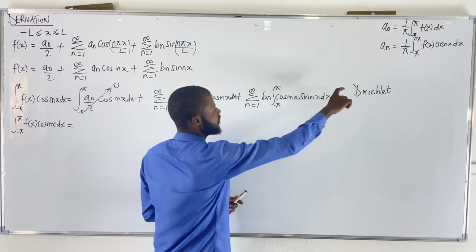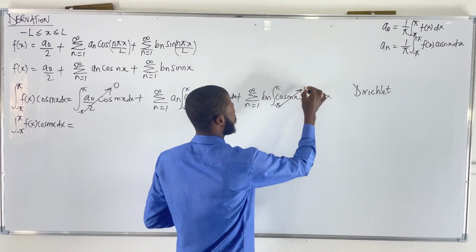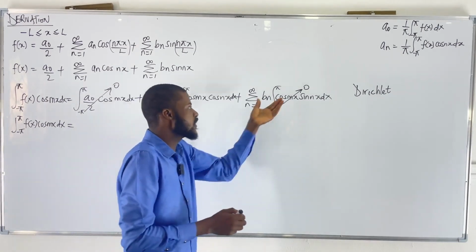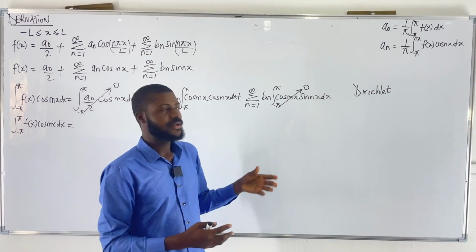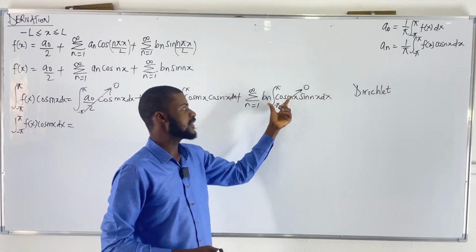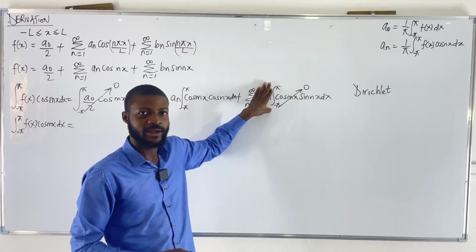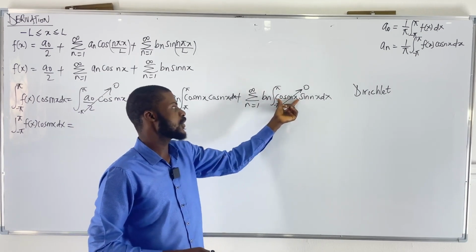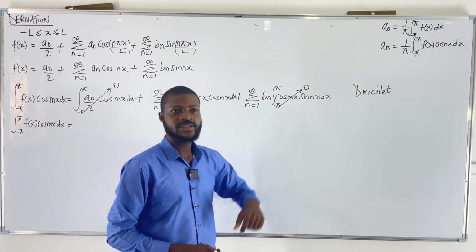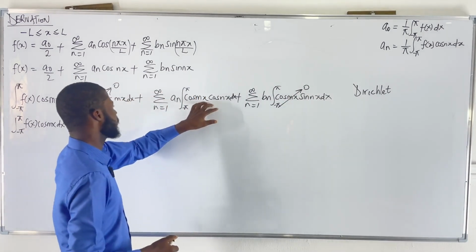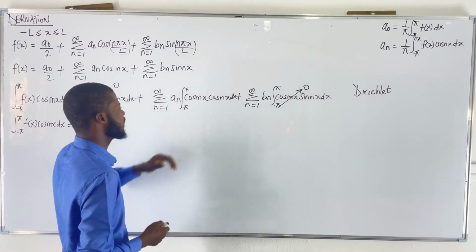My area will be 0 here because cos and sine, none of them is contained in the other, they're not the same. So this very part would be 0. We've actually treated this integral before. So my integral would be 0.